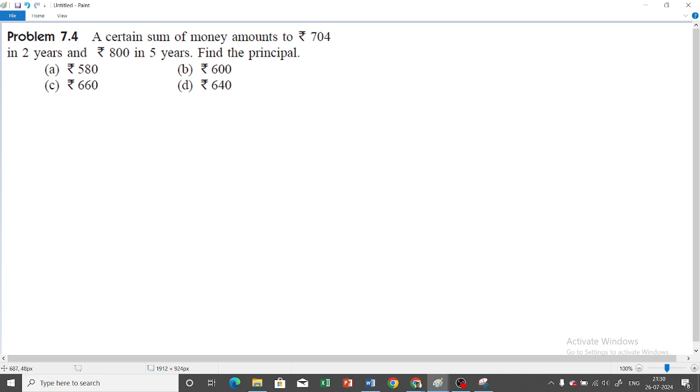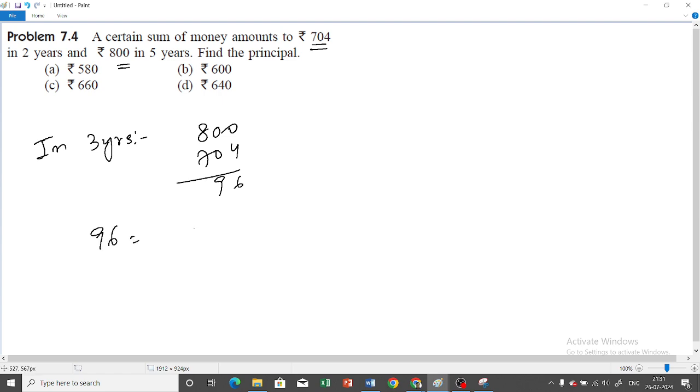Okay. So you see, in 2 years it amounts to 704, and in 5 years it amounts to 800. So that means in 3 years, what is the gain? 96 rupees.